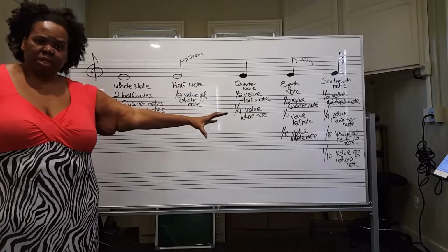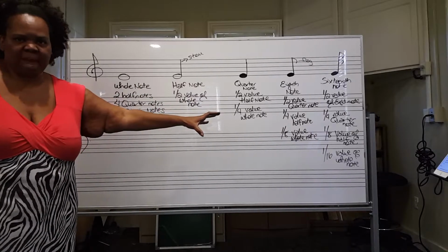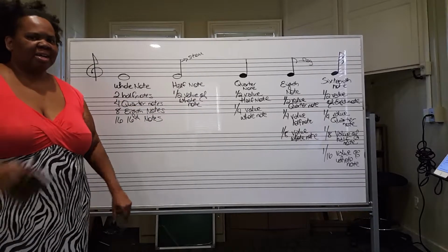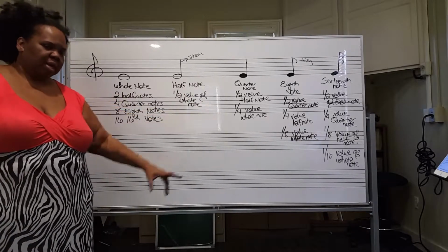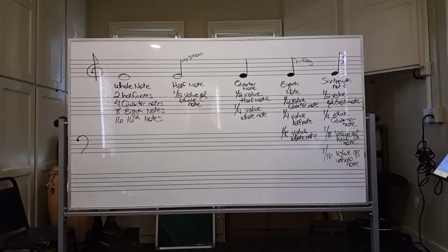But this is an absolute. If you understand this, it's very basic math. No matter what I throw at you from this point on, this is an absolute. So look at it very carefully.